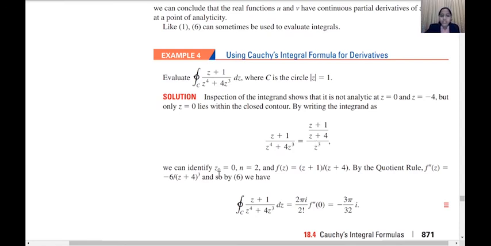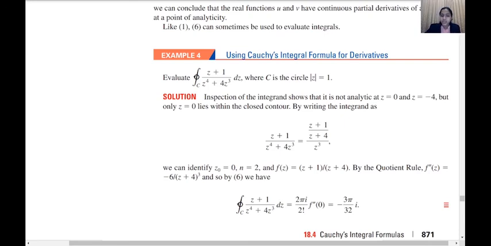So z dot is 0, n is 2, and our function f of z is (z plus 1) divided by (z plus 4). To apply Cauchy's integral formula for derivatives, the value will be 2 pi i by n factorial into f^(n) of z dot.